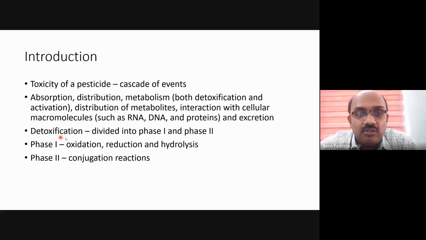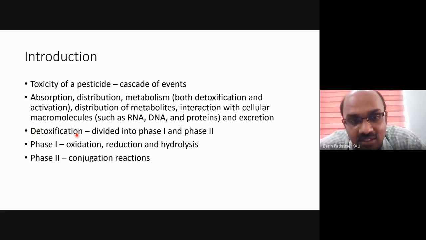Instead of detoxification, I should have given metabolism here. The metabolism is divided into phase 1 metabolism and phase 2 metabolism. Phase 1 metabolism involves oxidation, reduction, and hydrolysis reactions, and phase 2 metabolism includes conjugation reactions.